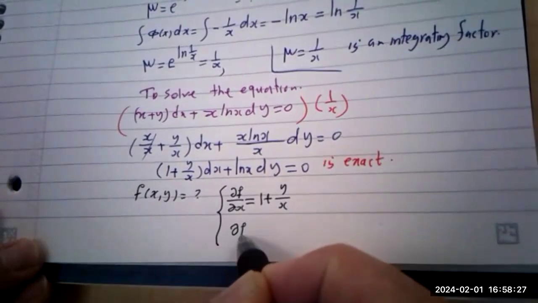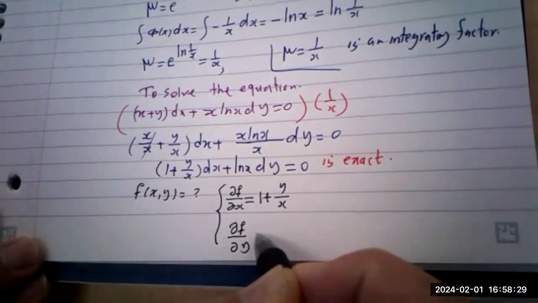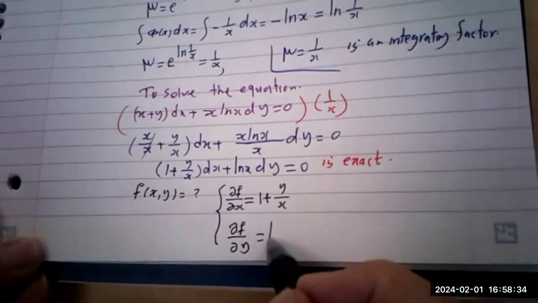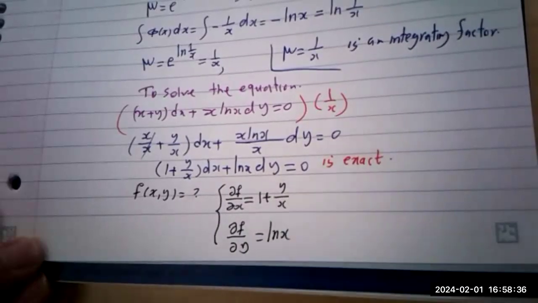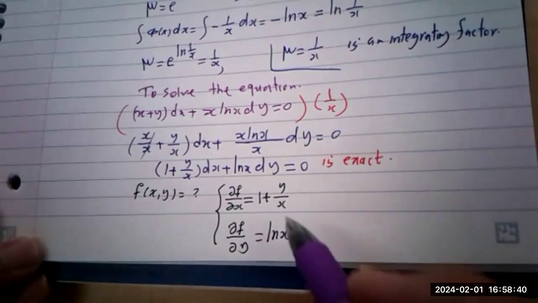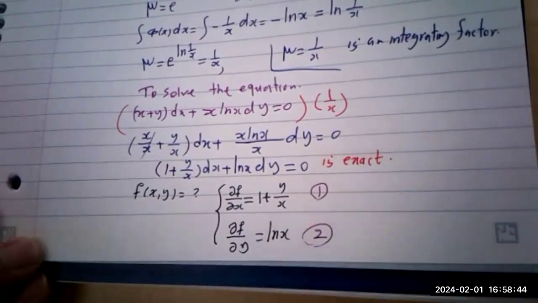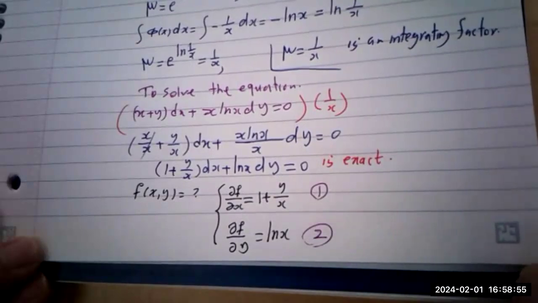Then partial f over partial y is going to be equal to your new N. Your new N is ln of x. Any question? So that's your equation number 1 and 2. Start integrating. You can check the first one or you can check the second one, it doesn't matter. I did the second one.